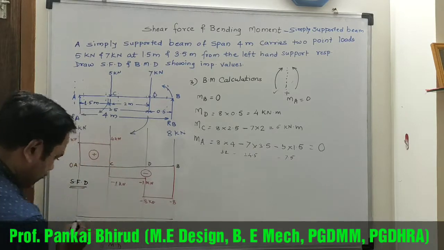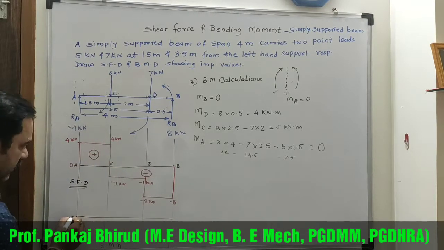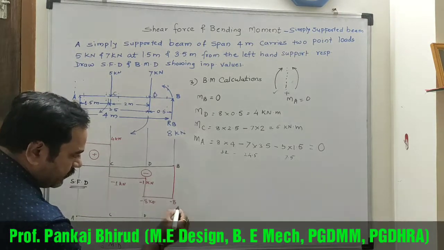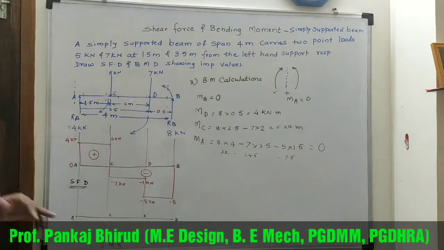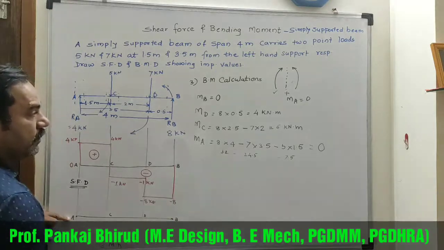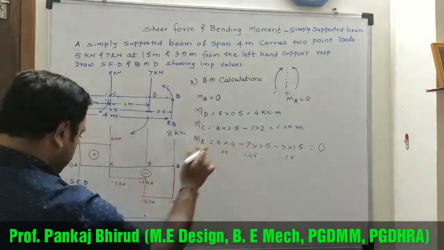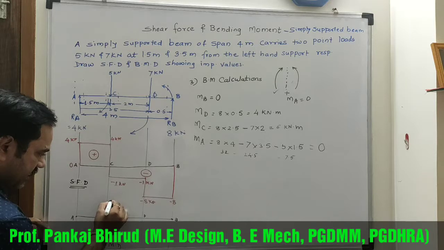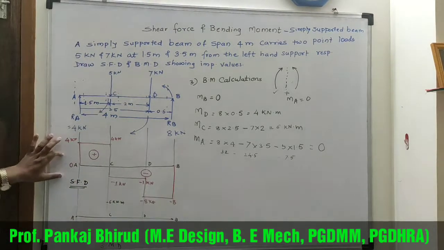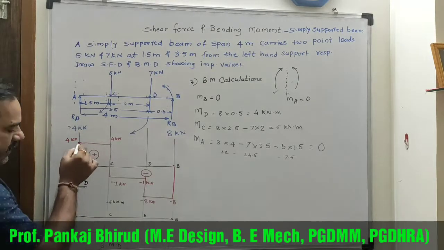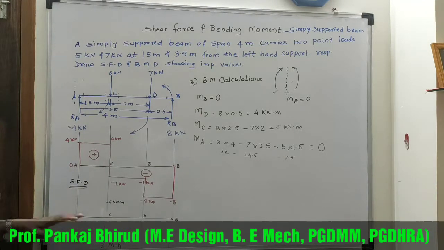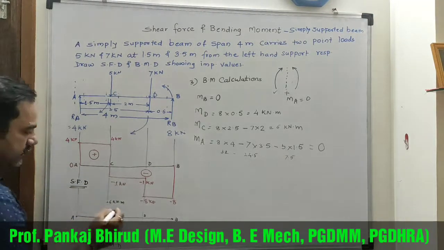So draw a reference line, neutral line, A, C, D and B. Now moment at A is 0, moment at B is 0, moment at C point is 6. So mark here 6 kilonewton meter. Now in SF we have drawn straight lines, vertical or horizontal. Here in BM we will draw an inclined line.